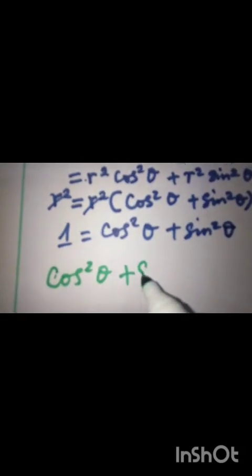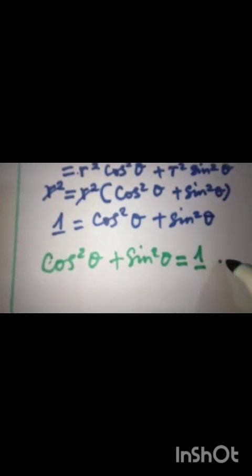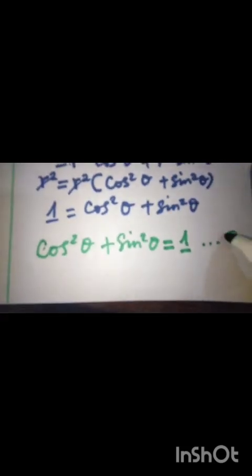So we conclude that the very first Pythagorean identity is cos squared theta plus sine squared theta equals 1. That's equation 1, our very first Pythagorean identity.